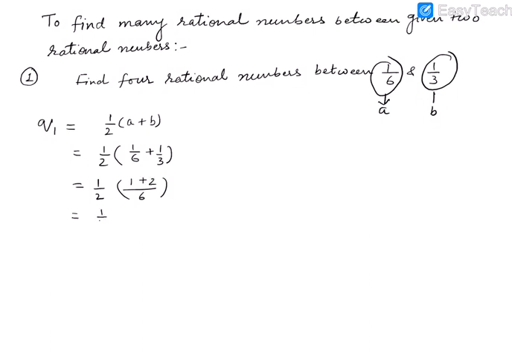So we can write 1 by 2 into 3 by 6. That can be written as 3 by 12. We can simplify it, that is 1 by 4. So here you can see that this 1 by 4 is the first rational number between 1 by 6 and 1 by 3.